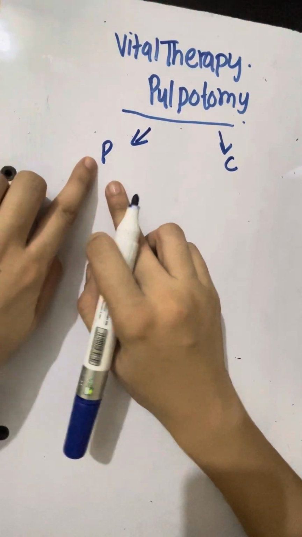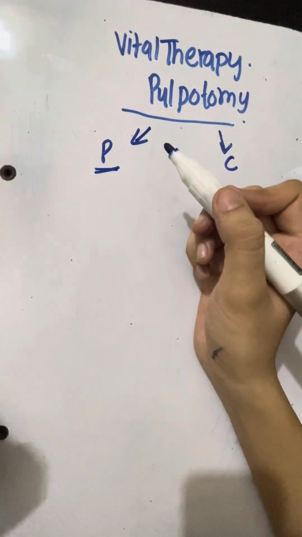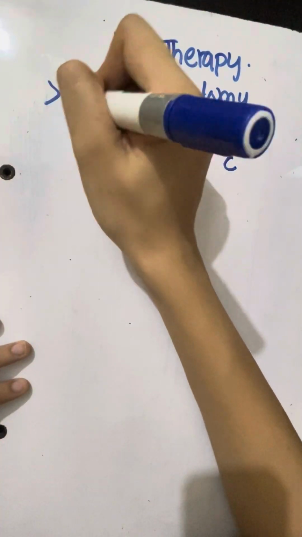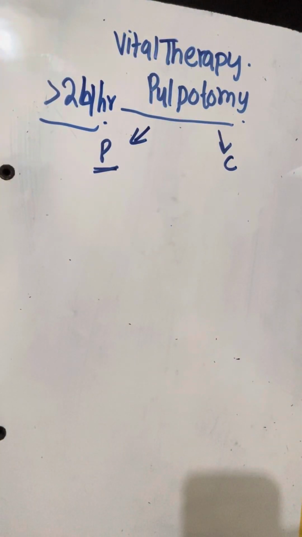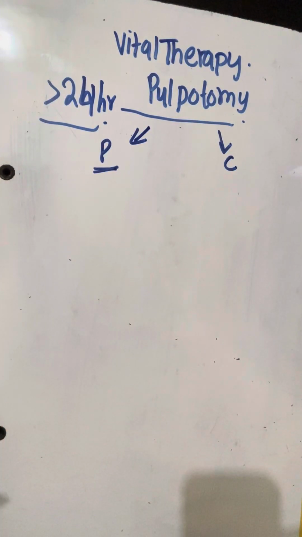If the coronal pulp is removed half, then it is partial pulpotomy. Pulpotomy is performed when the exposure is more than 24 hours. If trauma has occurred and the patient is coming after 24 hours, then you will perform pulpotomy. But if trauma has occurred and the patient is coming within 24 hours, we will go for pulp capping.